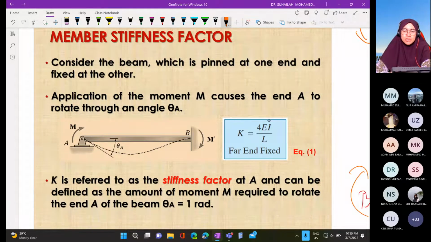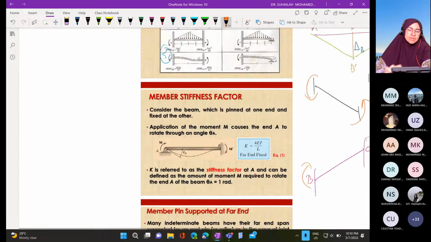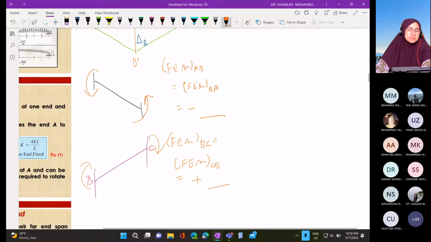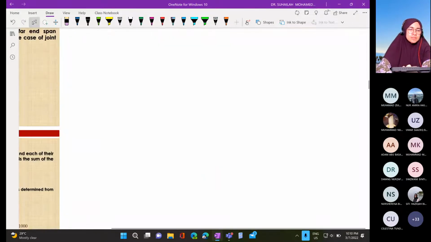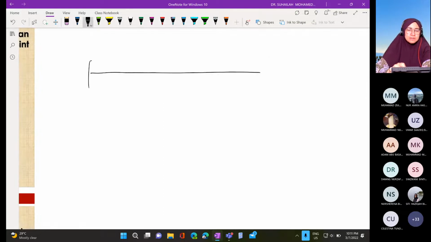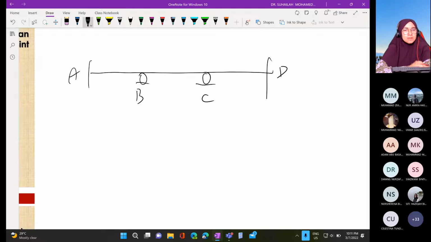So we just apply this formula to calculate K for each element whenever we have a beam like the earlier one. We have A, B, C, D. We have to calculate K for AB, K for BC, and K for CD.